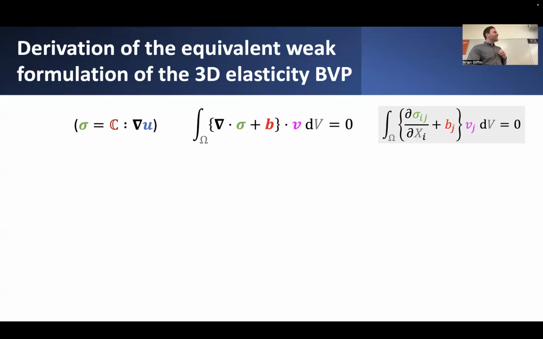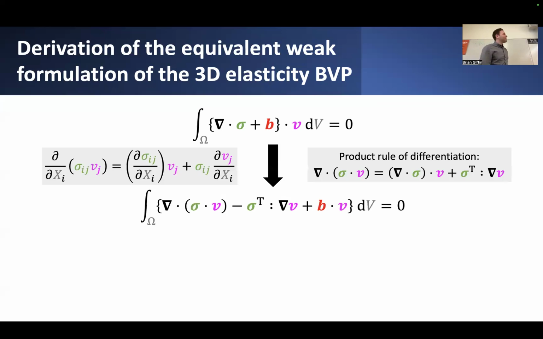All right, so now we have this equation, but we have to make some manipulations. And the first one that we have to make is by getting rid of this term that involves the stress divergence. Now, in order to do this, we can actually note that if we had a slightly different expression, something that looks more like the divergence of the stress tensor dotted with this virtual displacement vector.